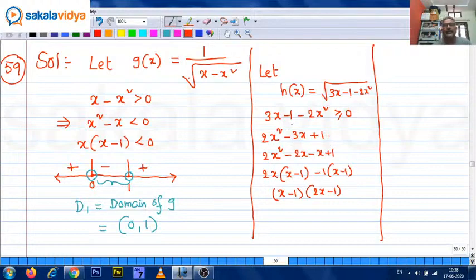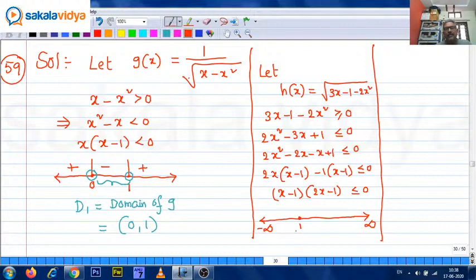It's a very important thing actually. If you multiply minus sign, the symbol reverses. Less than 0, less than 0, less than 0, less than or equal to 0. Sorry, less than or equal to 0. So that means here you take the number line now. Yes, now it went wrong. Minus infinity, plus infinity.